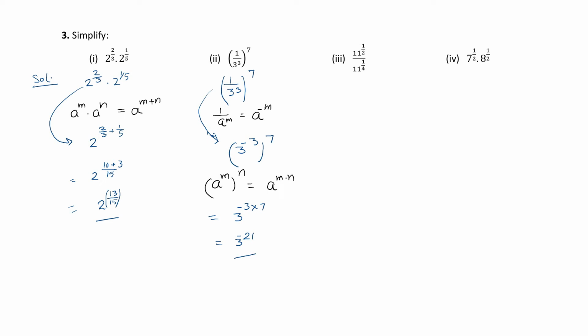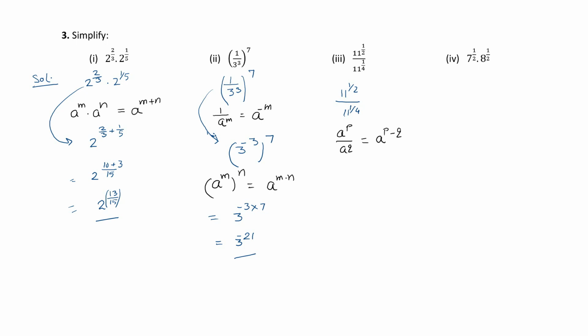So next one is like 11 to the power 1 by 2 upon 11 to the power 1 by 4. So we again have an identity. We know that a to the power p divided by a to the power q, if this condition comes, then it will become a to the power p minus q.